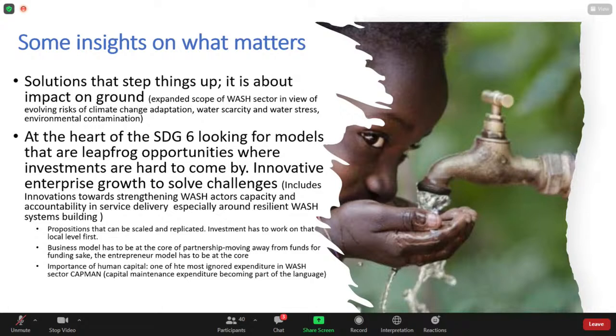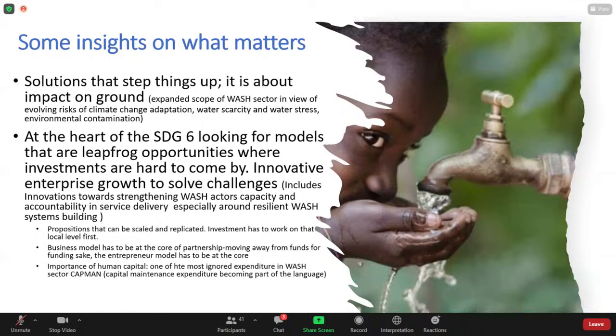So we've seen that solutions that step things up have really done well. Because at the end of the day, it's about impact on the ground, particularly if you're talking about the expanded scope of the WASH sector in view of the evolving risks of climate change adaptation, water scarcity and water stress levels, and of course also environmental contamination.